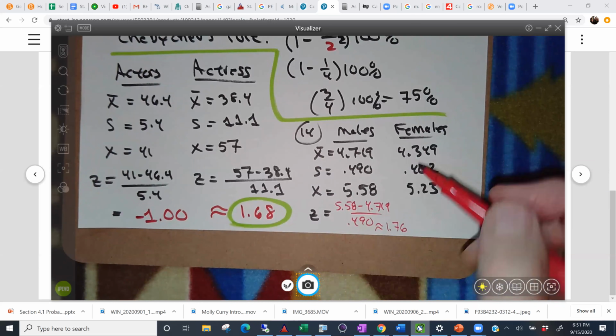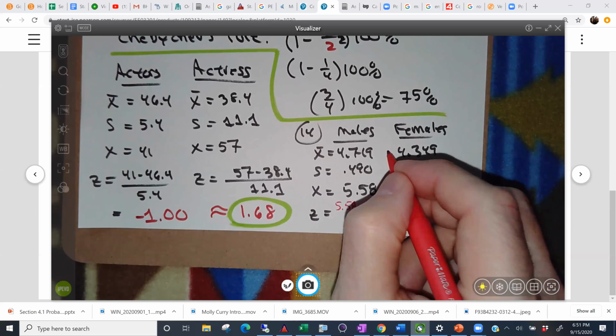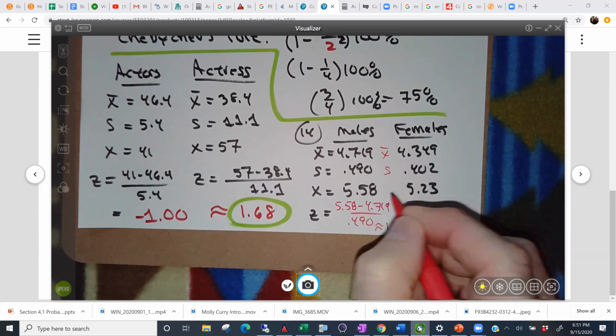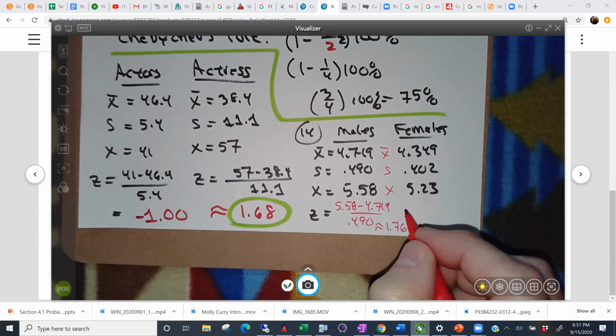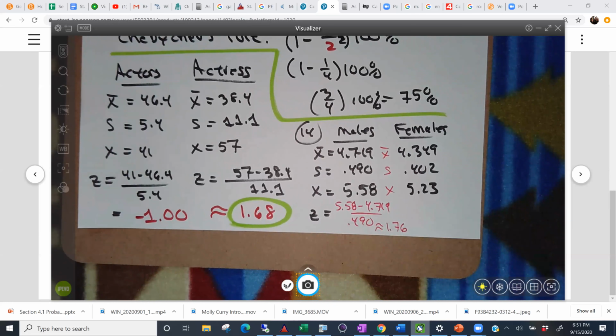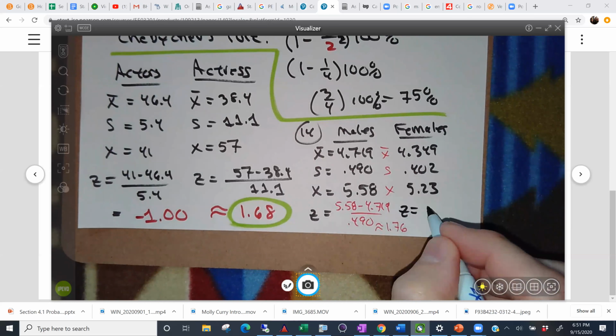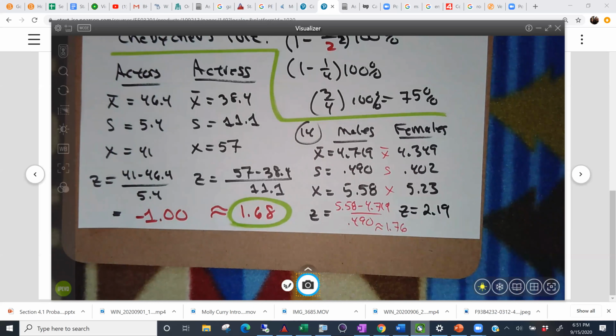Now over here, same kind of thing, X bar, S, and X. This time you're going to get a z-score of 2.19. And I just don't have room for the calculation there. So which value relative to their data set is more extreme? Males or females?